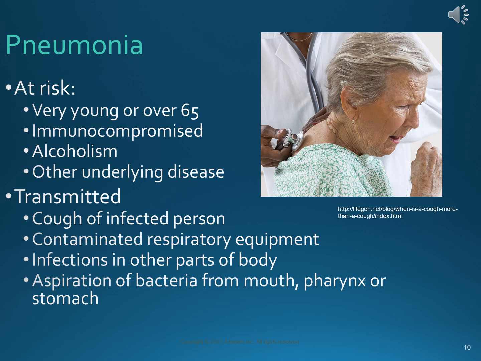So that includes people who are immunocompromised because of disease like HIV, or because of treatment, cancer chemotherapy, or some of these new biologics that are coming out to treat autoimmune diseases like rheumatoid arthritis and Crohn's disease. Those sorts of things immunocompromise you and make you at a very high risk for pneumonia.